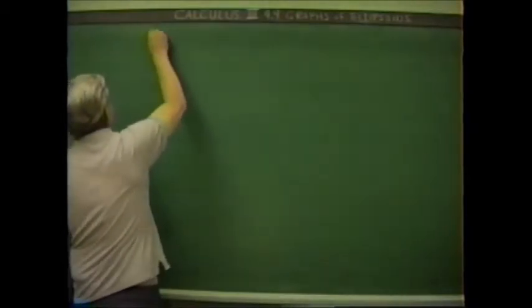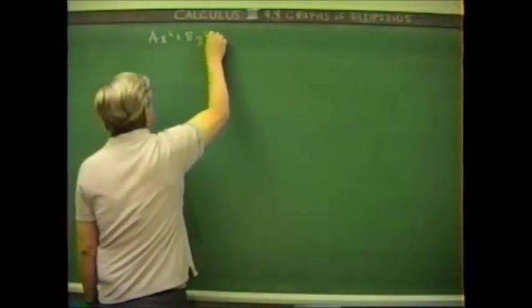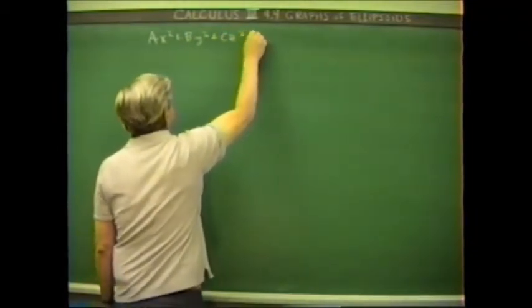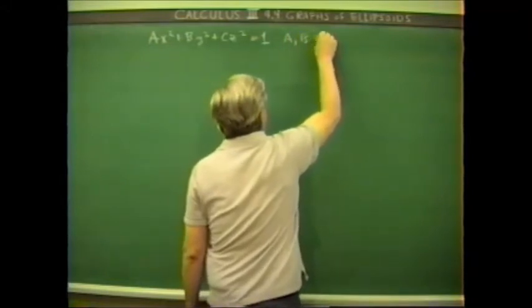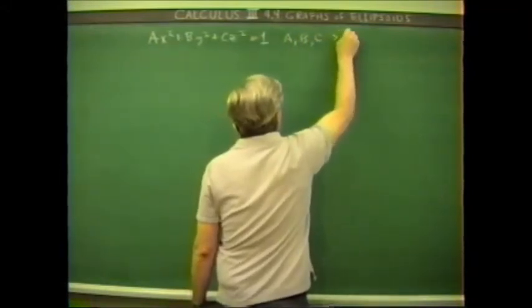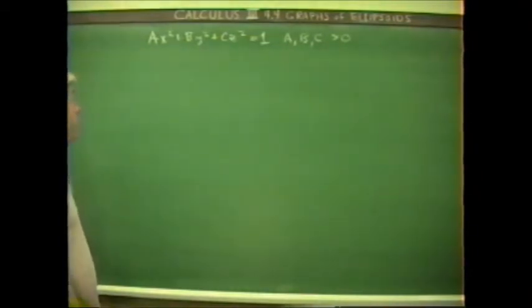Let's take a look at graphs of ellipsoids. If you've got something in the form ax squared plus by squared plus cz squared is equal to 1, with a, b, and c all greater than 0, then you're going to have what's called an ellipsoid.